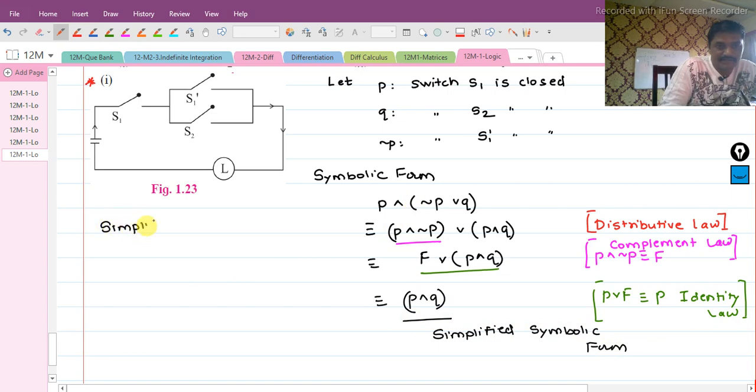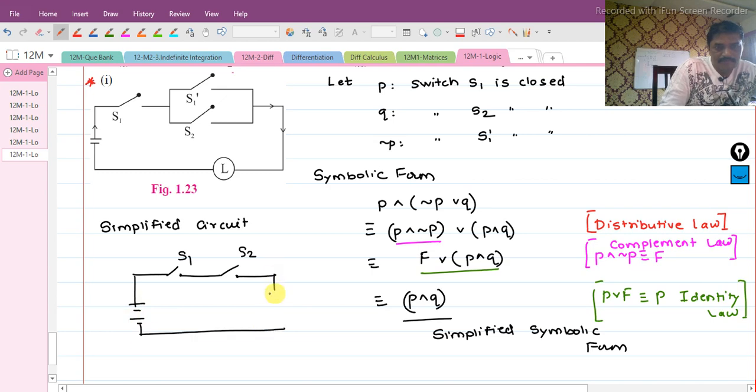The simplified circuit is given by P, that is S1, and Q, that is S2, and here is the lamp.